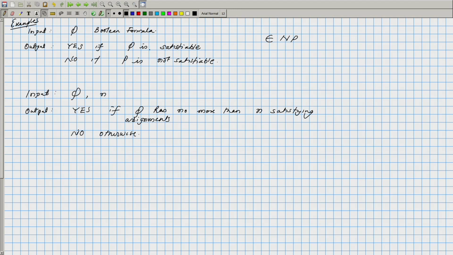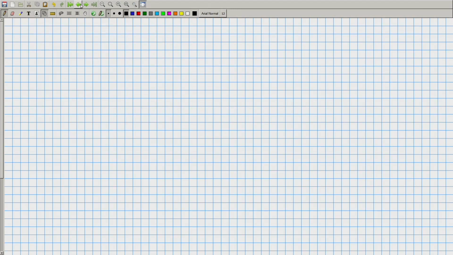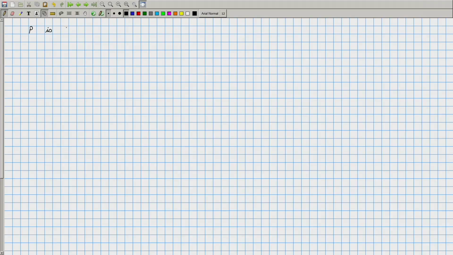Now, since we have seen many different problems, we can formally define what is P. P is the class of all problems which can be solved in polytime.